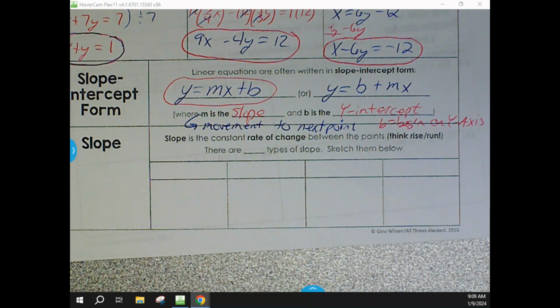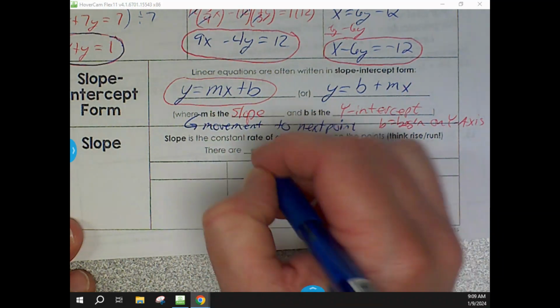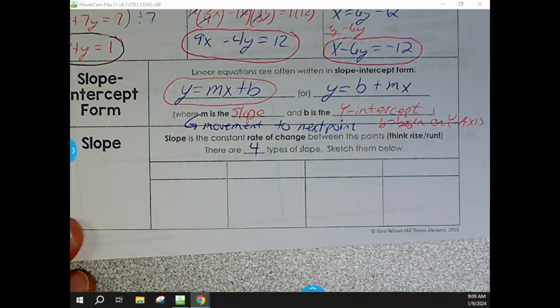Okay, and for slope, if you remember, I think we did this yesterday, didn't we? When we were talking about some slopes and different things with it, or maybe we were doing something else with it. For slope, there are basically 4 types of slope.